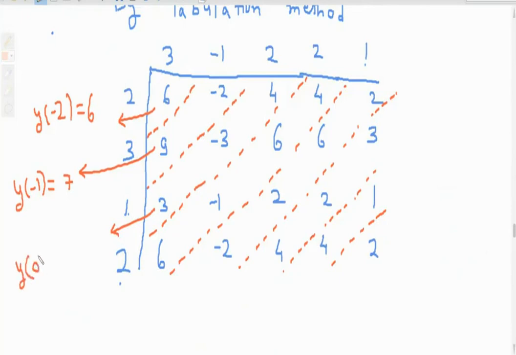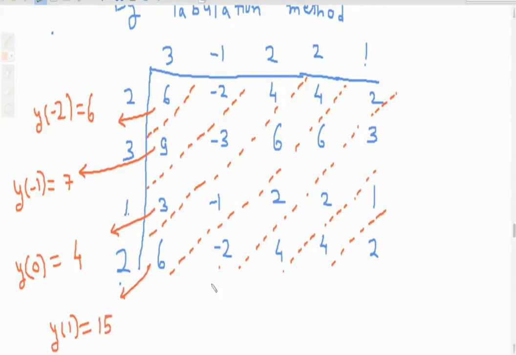Y of 0 is 3 minus 3 plus 4. Basically we are doing the addition. 3 cancel, answer is 4. Then this value is y of 1. Y of 1 equal to 6 minus 1, 5 plus 6, 11 plus 4, 15. So y of 1 equal to 15.